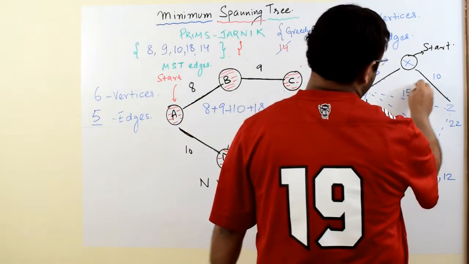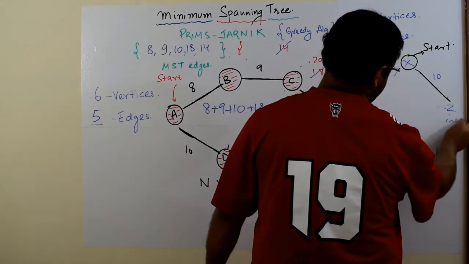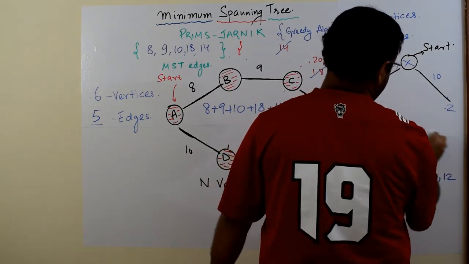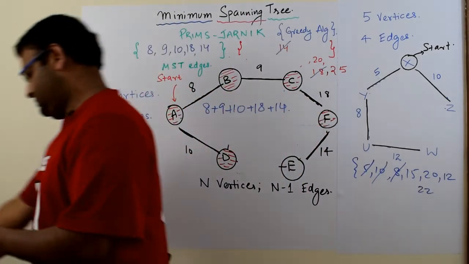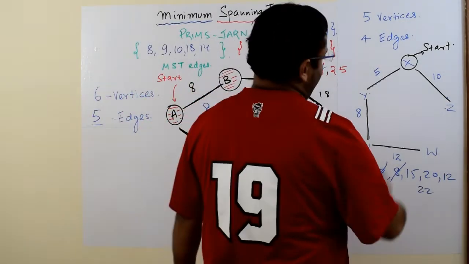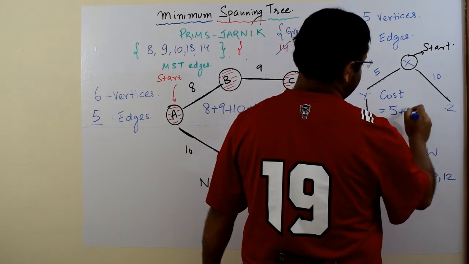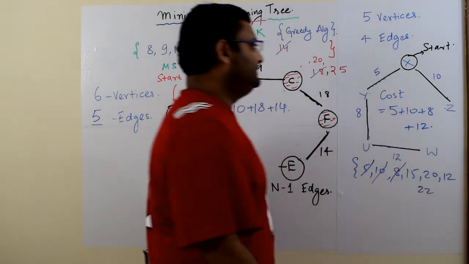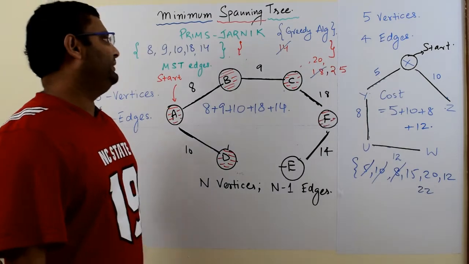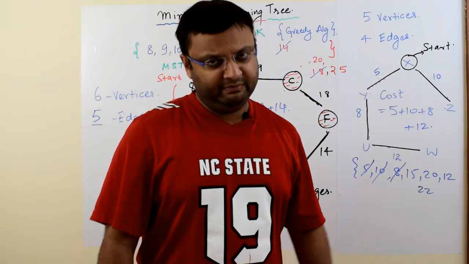I can remove all these other edges. The cost of this minimum spanning tree would be simple, 5 plus 10 plus 8 plus 12. So this is how you run Prim's-Jarník algorithm on a graph to get a minimum spanning tree.